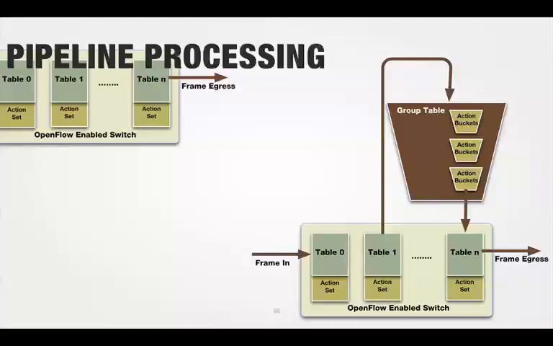To be able to do that sort of action, I need to match and action several times at several points. So I use a pipeline process to do that. I can say in table 0, here's my match action, then create a second table and do a match action, and then keep going until the packet is finally egressed.